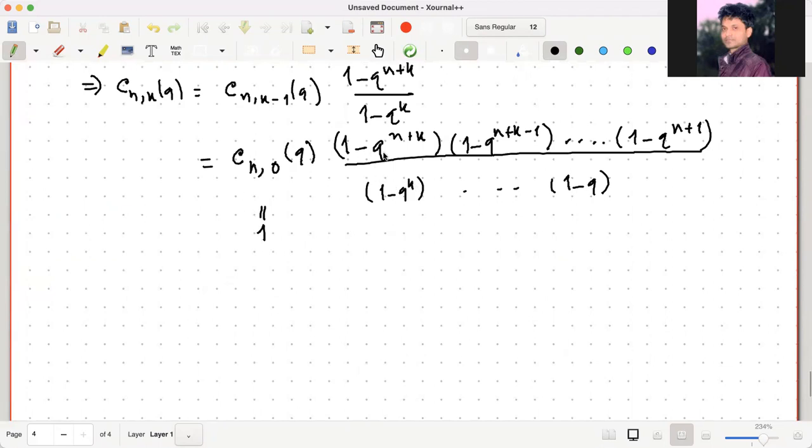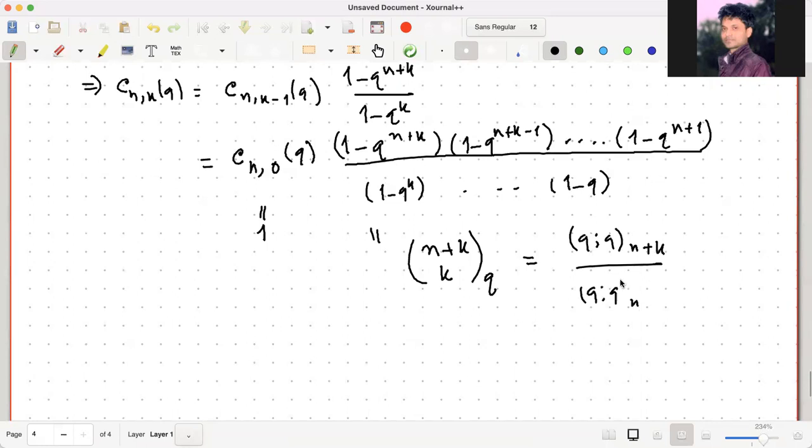Okay. So what is this? This is nothing but n plus k choose k, q. Because this is q n plus k over q n and q k. So the q k is already here.